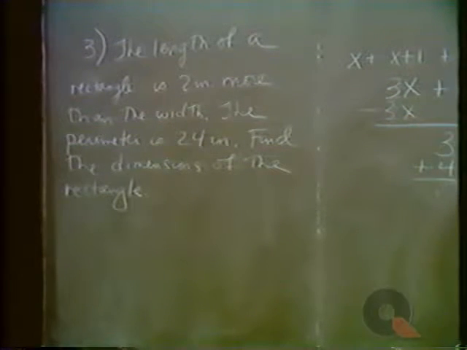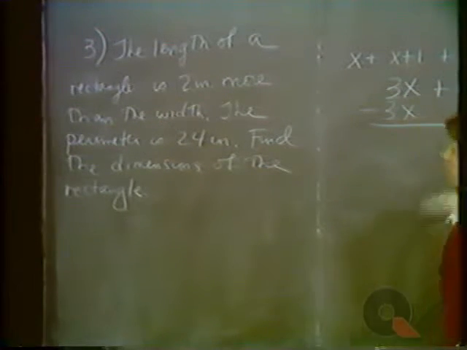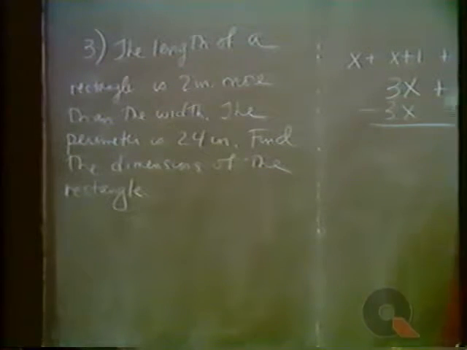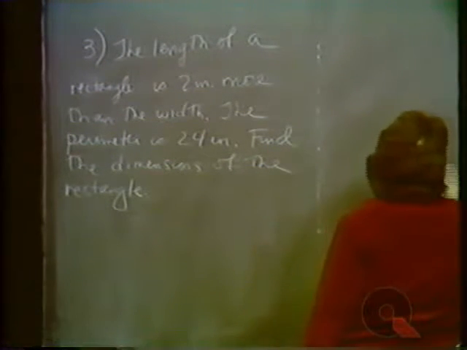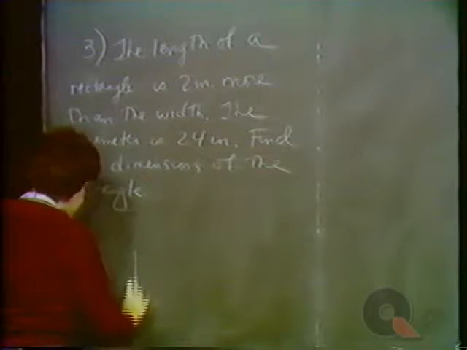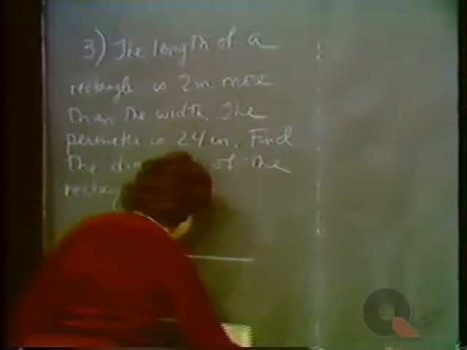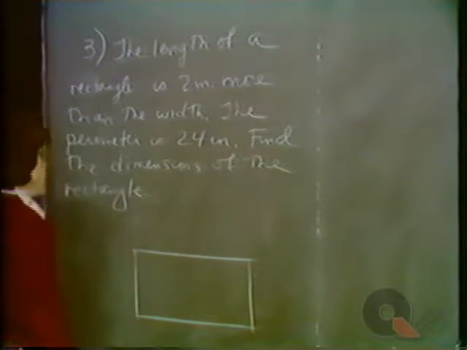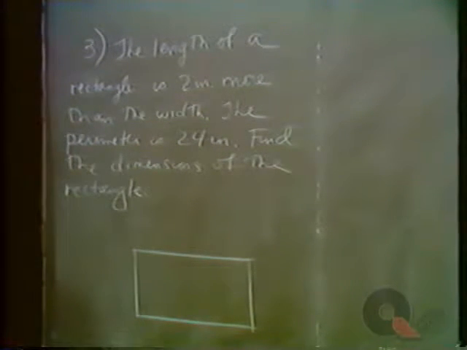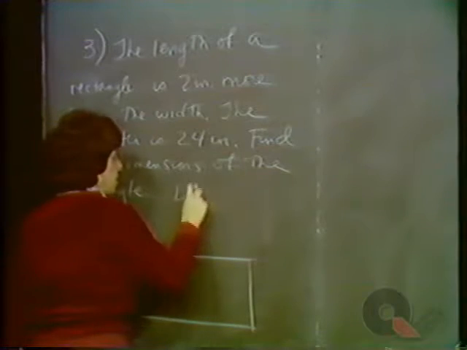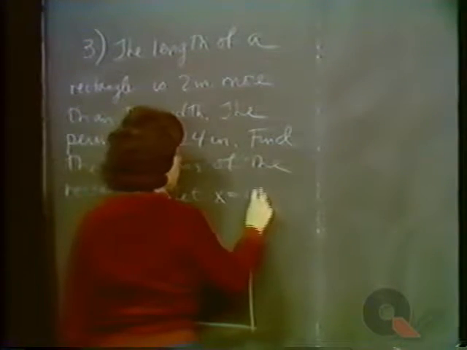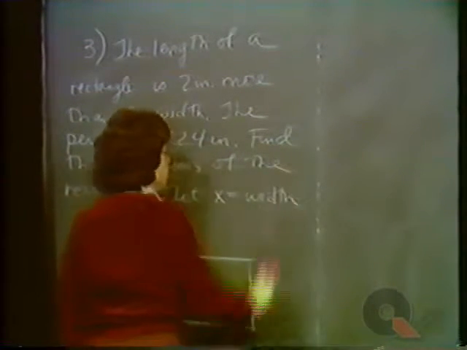In a problem which involves a geometric shape, this one involves a rectangle, it's a good idea to make a sketch. It's a simple sketch in this case, but it's still helpful in working out the problem. We're talking about a rectangle. Okay, we have to assign variables to the unknowns. Let's let x equal the width of the rectangle.